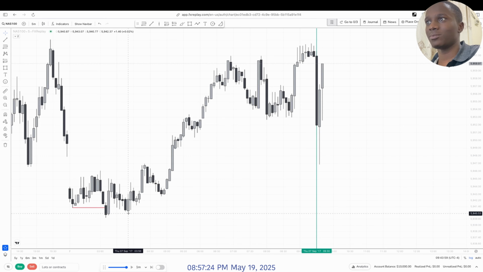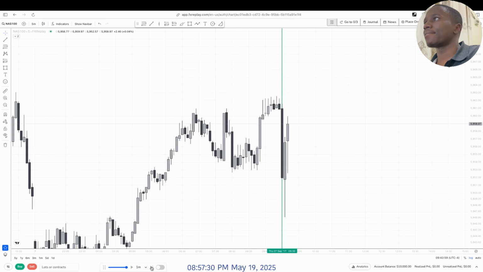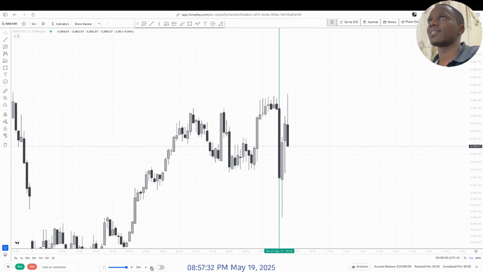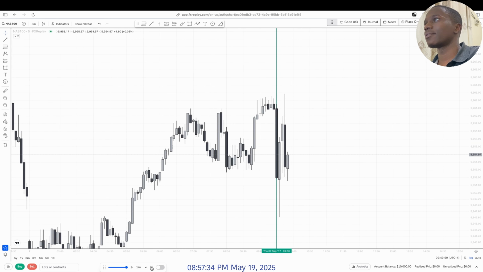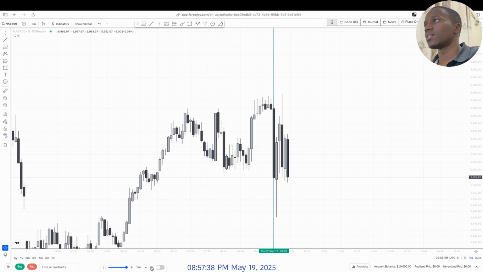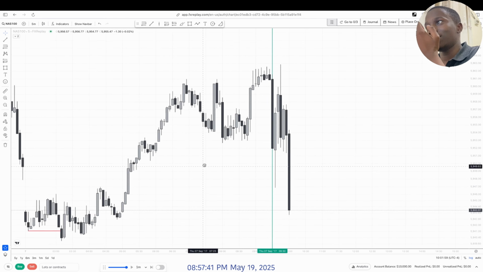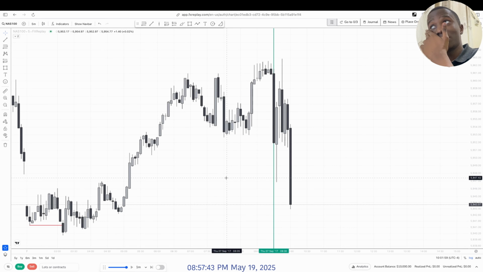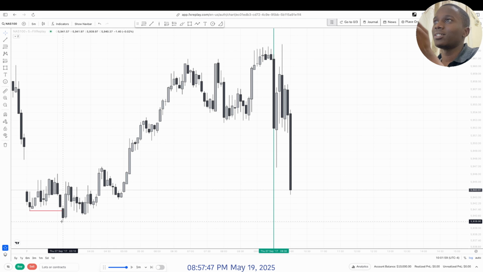The lowest London went was somewhere here, and we can see that we are trying to push higher. So the market is now rallying in different ways, but we have these London lows as a level of liquidity, so the market might be targeting them.